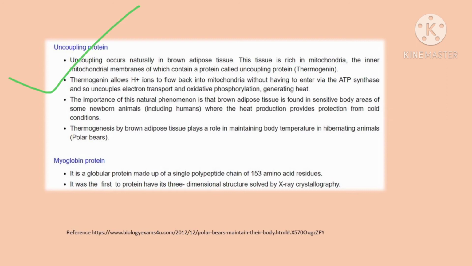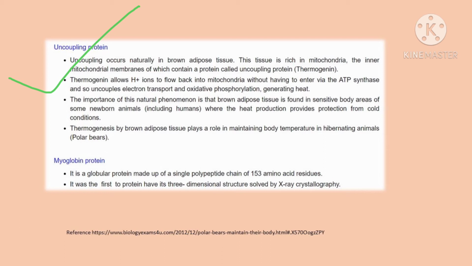First one, uncoupling proteins. Uncoupling occurs naturally in brown adipose tissue. This tissue is rich in mitochondria, and the inner mitochondrial membranes contain a protein called uncoupling protein or thermogenin.